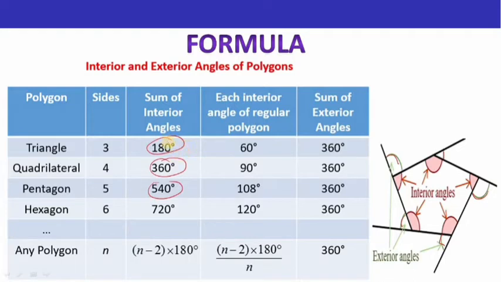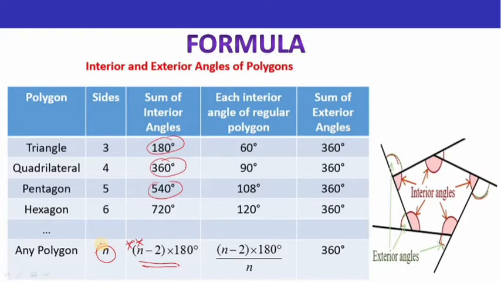What you observe here is that the interior angles depend on the number of sides, isn't it? So if you have n sides in a polygon, then the sum of the interior angles is going to be this much. This is a very important formula. It gives you the sum of interior angles of a polygon whose number of sides is n.